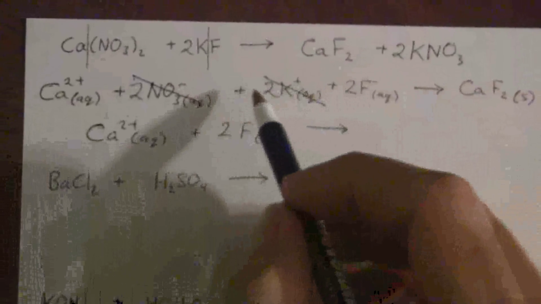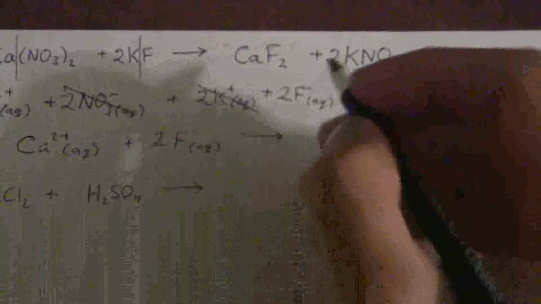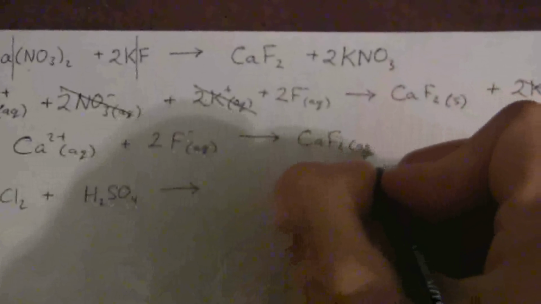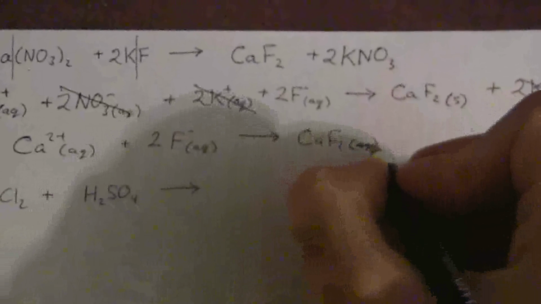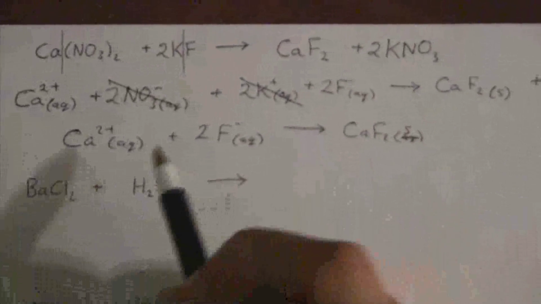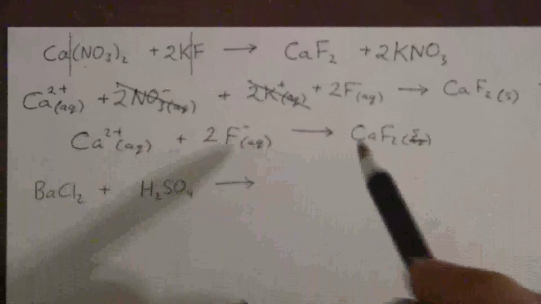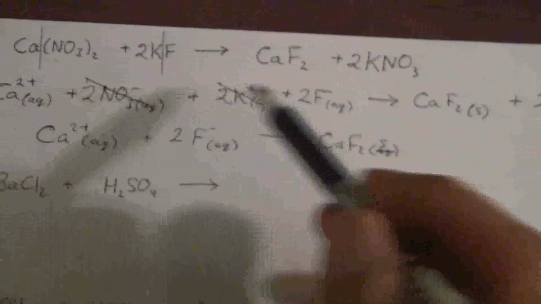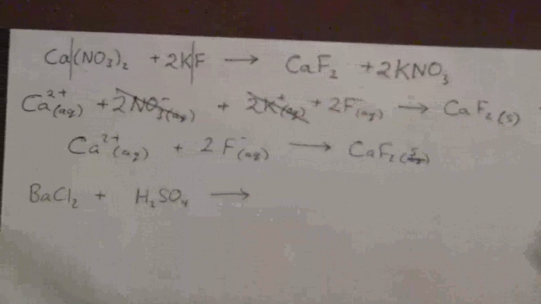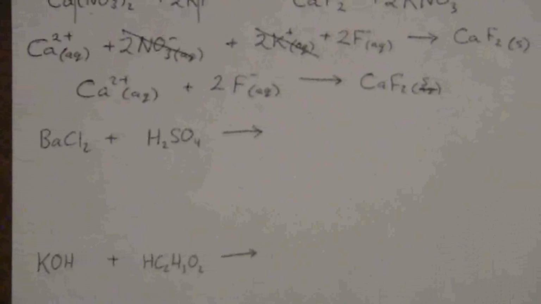And if we have distributed all of our coefficients and everything properly, this will always remain balanced. And this should be a solid here. Okay, so that would be the net ionic equation, showing just what is actually chemically happening there, excluding the stuff that isn't really participating in any reaction. We call these the spectator ions because they're just kind of sitting back and spectating on the reaction.